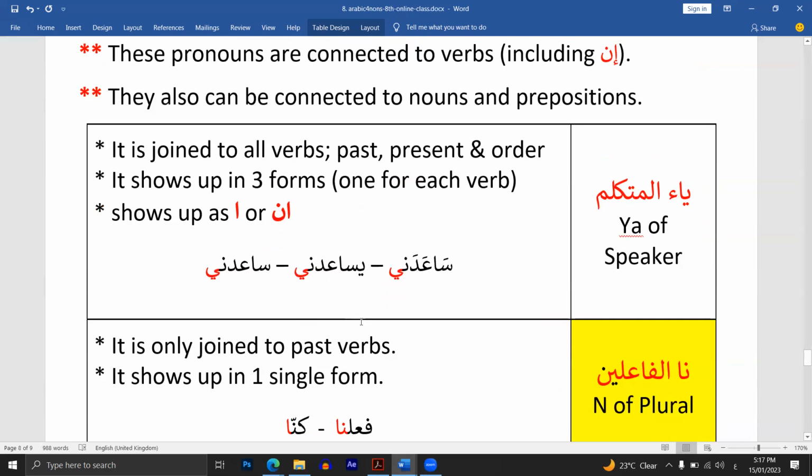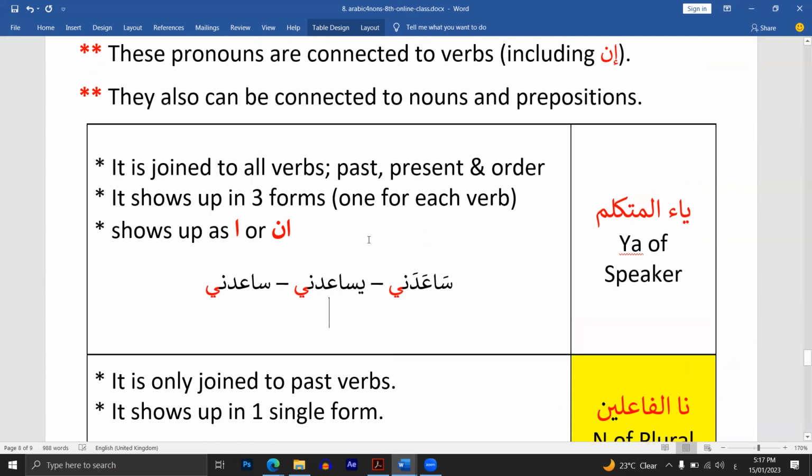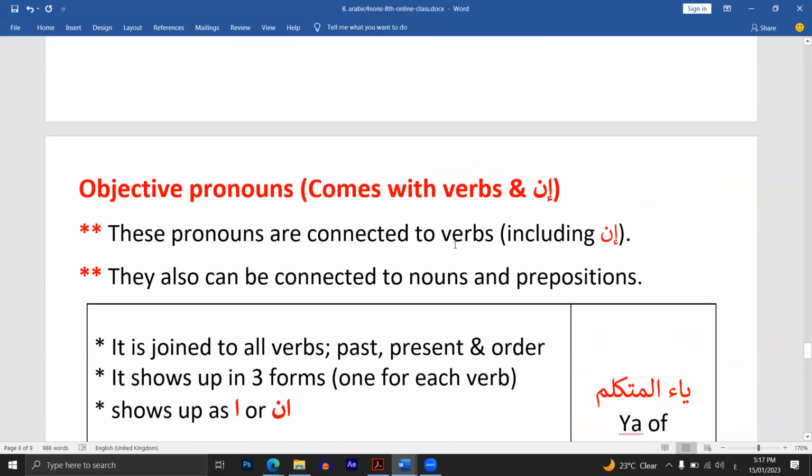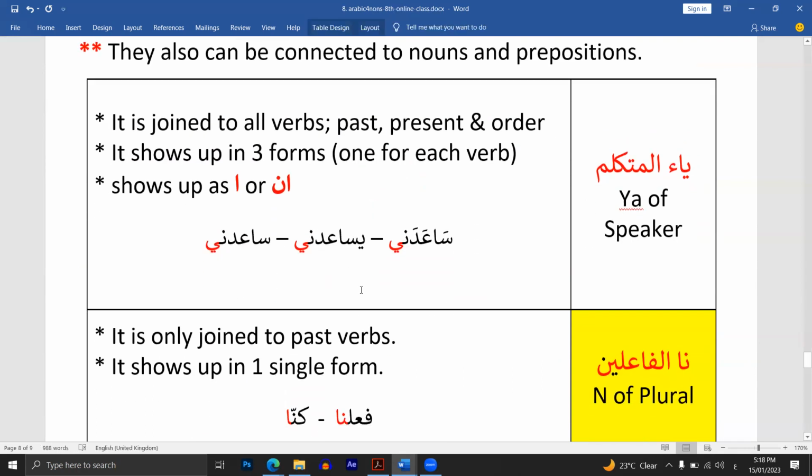Okay, let me use it. We said this objective pronoun will show up with verbs, with nouns, with prepositions, even with inna. So if I want to say inna, I want to add ya: inni, in some cases innani. Here, this ya al-mutakallim is in place of the noun of inna.